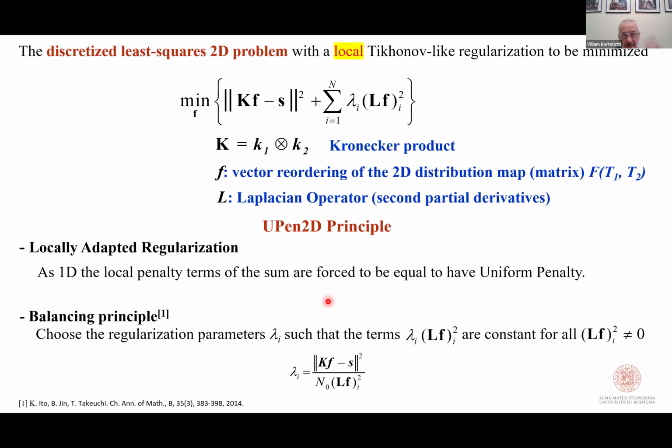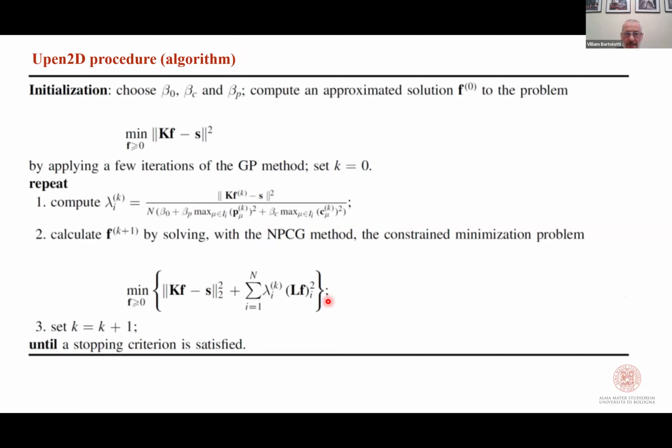The evolution is to extend the Open principle to 2D. This was performed by me with Fabiana Zame, another colleague at University of Bologna. Then I will list all the participants. This is a typical algorithm implemented.